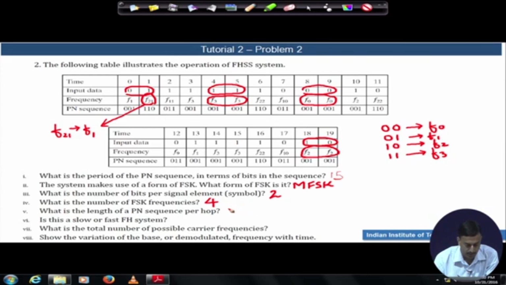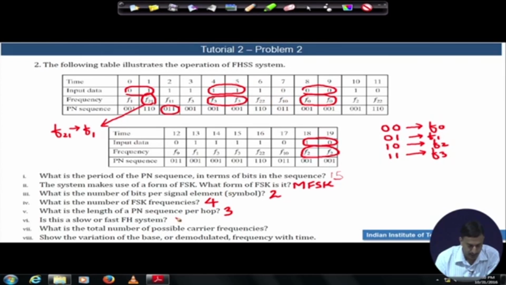The length of the PN sequence per hop: we can see that the frequency keeps changing for every time index, and every time index has a length equal to 3. So this is equal to 3, and we also notice that for every signal element, that is every dibit, the frequency changes, and so there are 2 frequencies basically being hopped onto for every dibit combination.